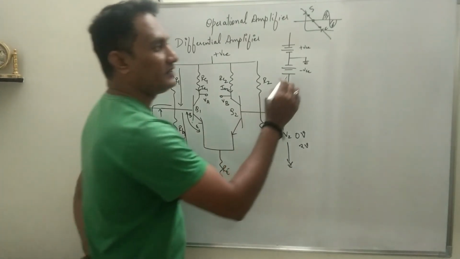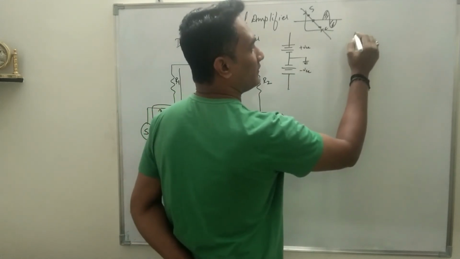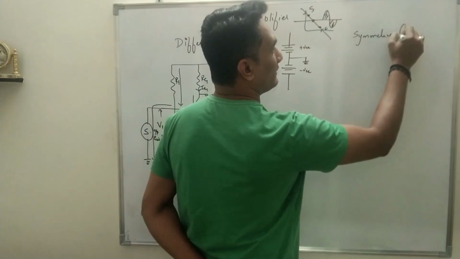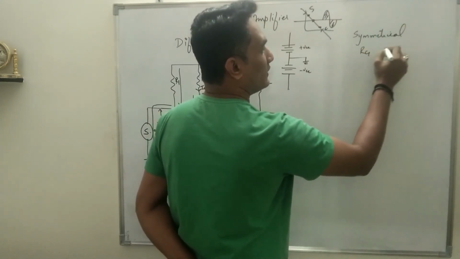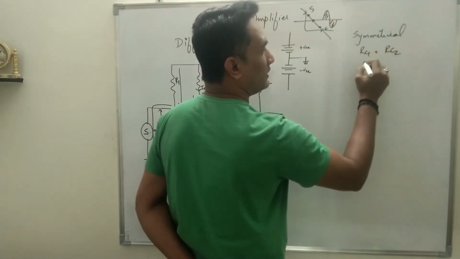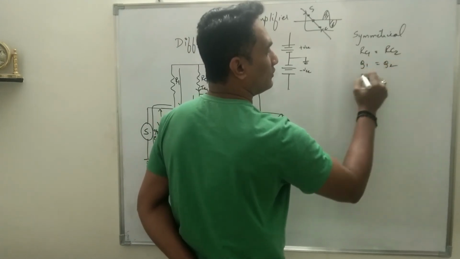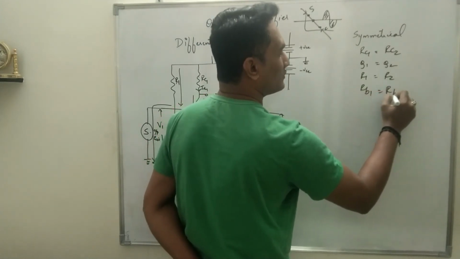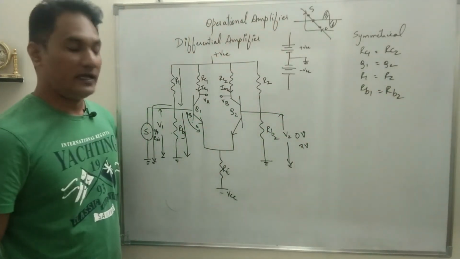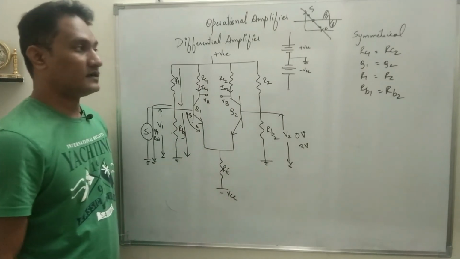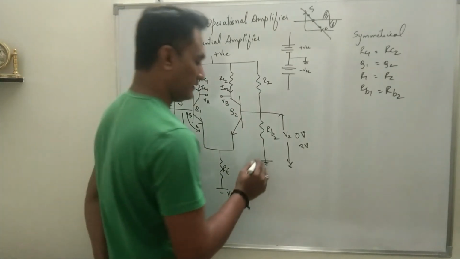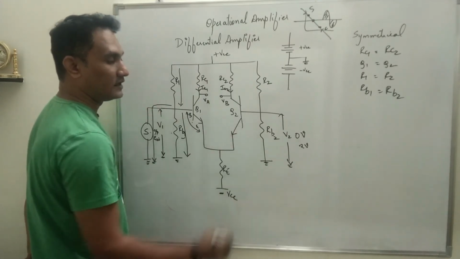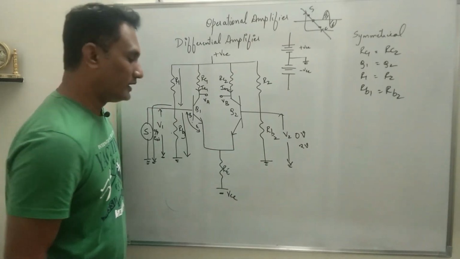Now when a differential amplifier circuit is designed, it should be symmetrical. Symmetrical means RC1 equals RC2, Q1 equals Q2, R1 equals R2, and RB1 equals RB2. This negative source, minus VCC, acts as a constant current source for both Q1 and Q2.